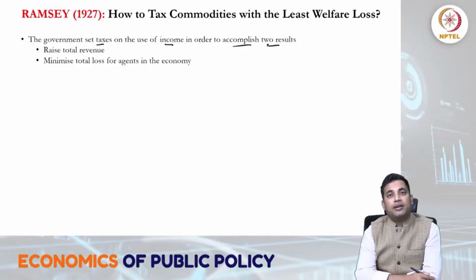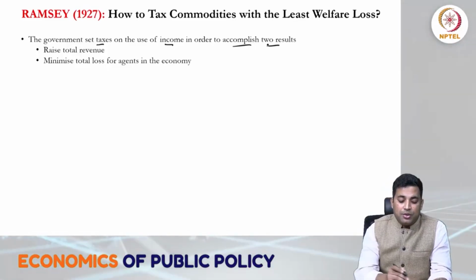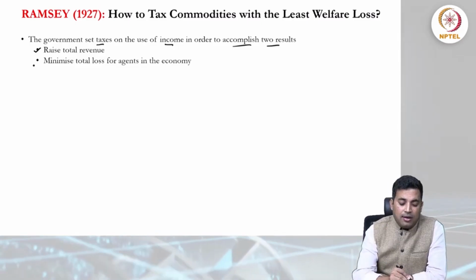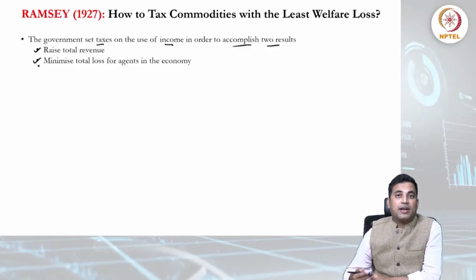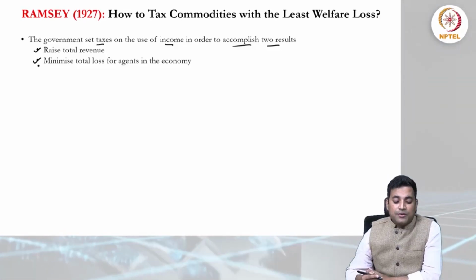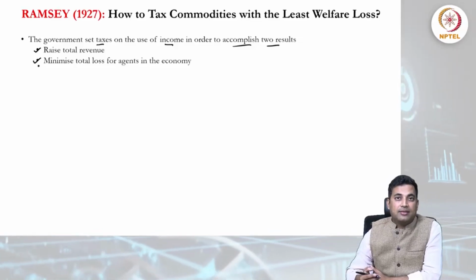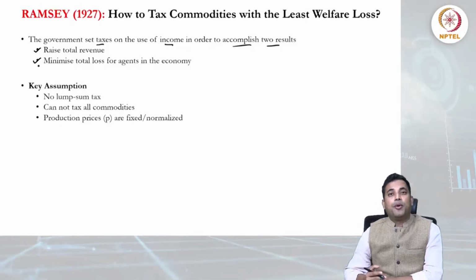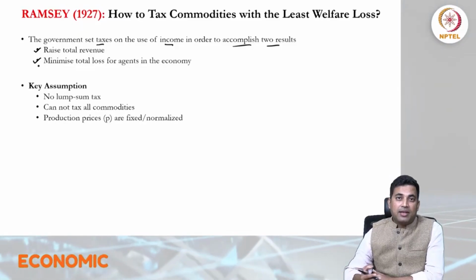The first point is raising the total tax revenue. The second is that imposing taxes on income should minimize the total loss for agents in the economy. Here, agents are individuals.